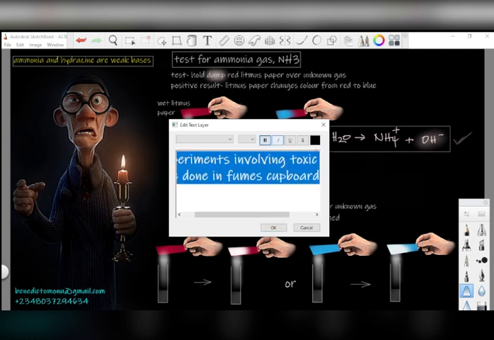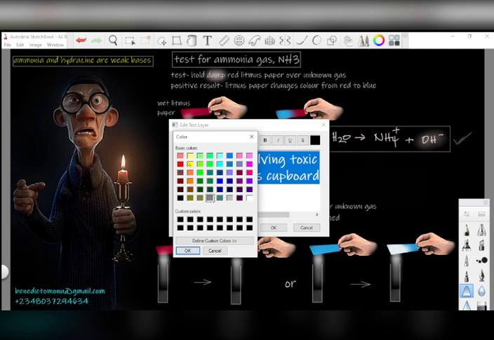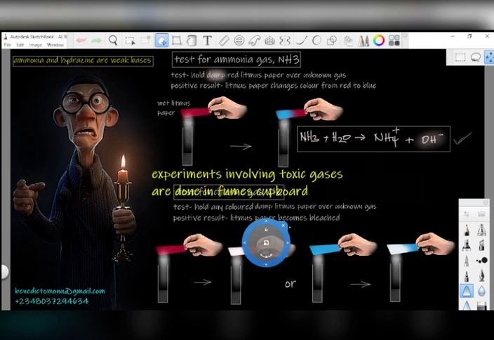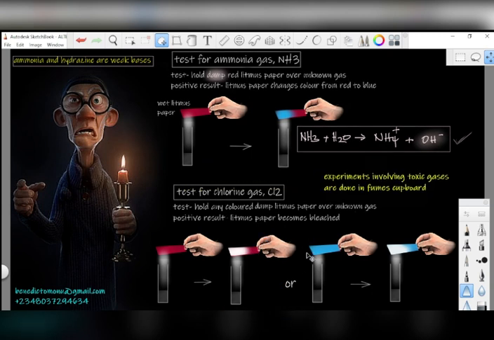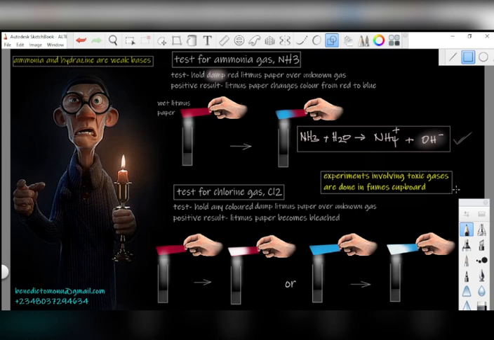For IGCSE, it's another safety precaution you have to take when you are carrying out an experiment and the gas made in that experiment is toxic or poisonous. You have to carry such an experiment out in a fumes cupboard.